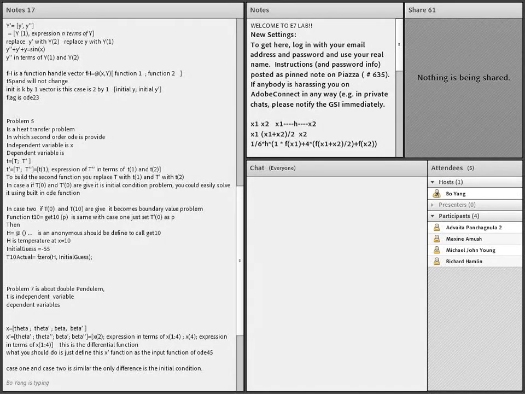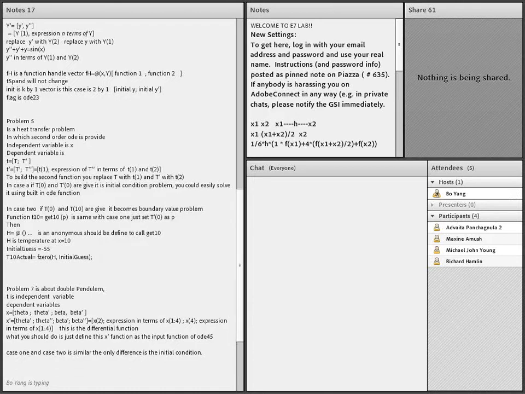So in this double pendulum problem, the time is an independent variable, and the dependent variable, we name it x. So x consists of theta, theta prime, beta, and beta prime.